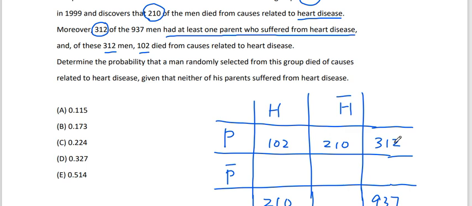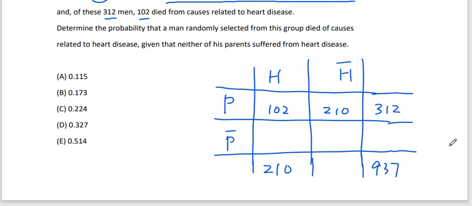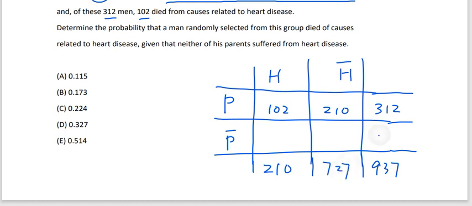Those 312 people, their parents had heart disease, so they are also there. The kids died from heart disease, and the kids died from other disease. Okay, so now we can fill out the table. Let's say 27, and here we can fill out the table, right?